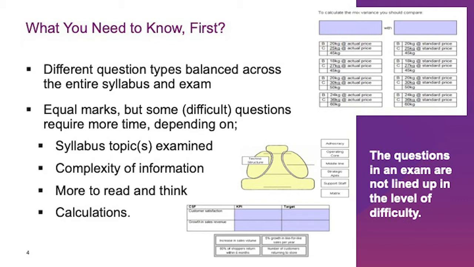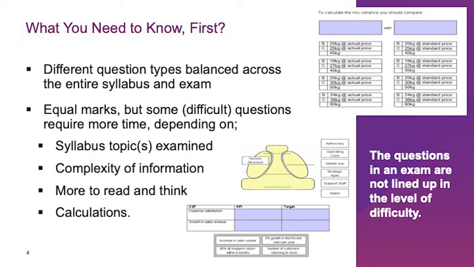As mentioned before, all questions earn equal marks, but the time you may spend on each question may vary primarily due to the level of difficulty of each question. The level of difficulty of a question is determined by multiple factors such as type of the question, the syllabus topic tested and the context in which it is tested, amount and complexity of information provided, time required to read the question, time needed to think and calculate, and of course, the task set.